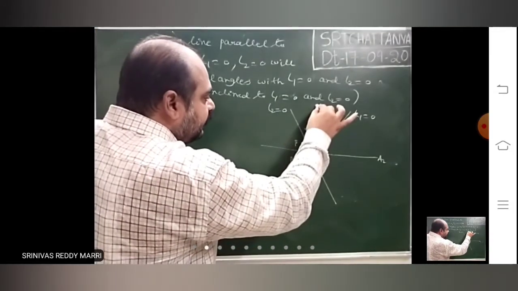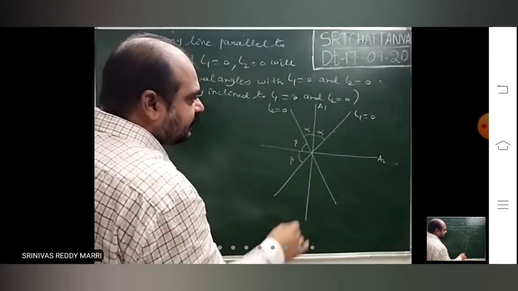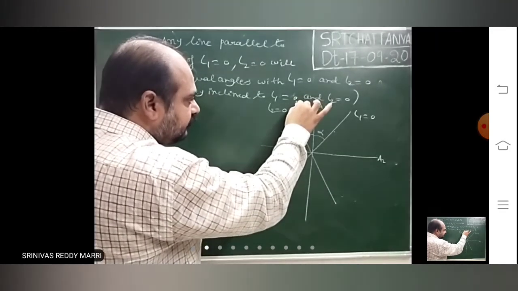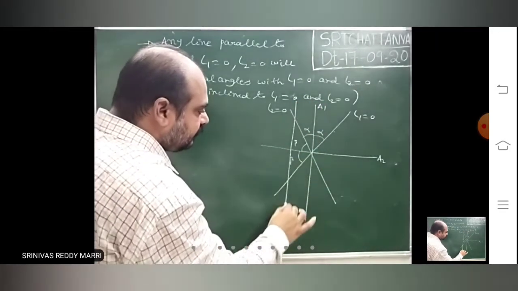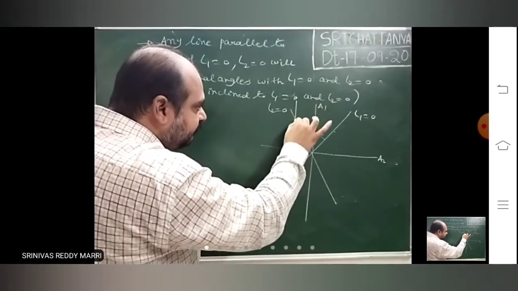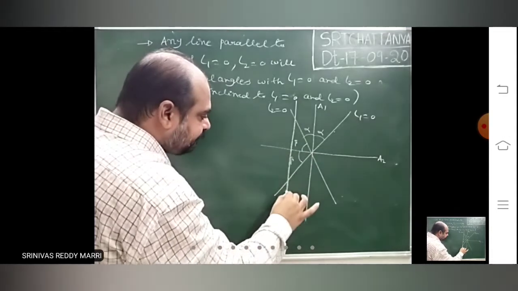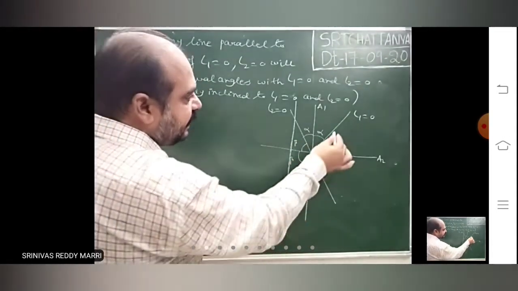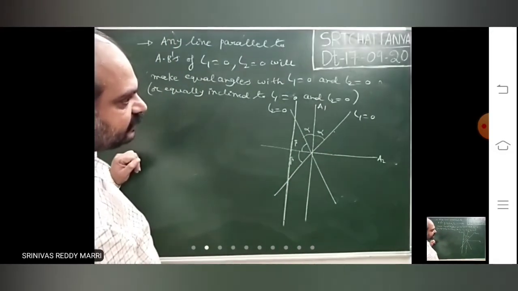So look at, I am drawing a line parallel to A1. If you draw a line parallel to A1, this line whatever I have drawn is parallel to A1. That means it will also make the same angle with L1 and L2.